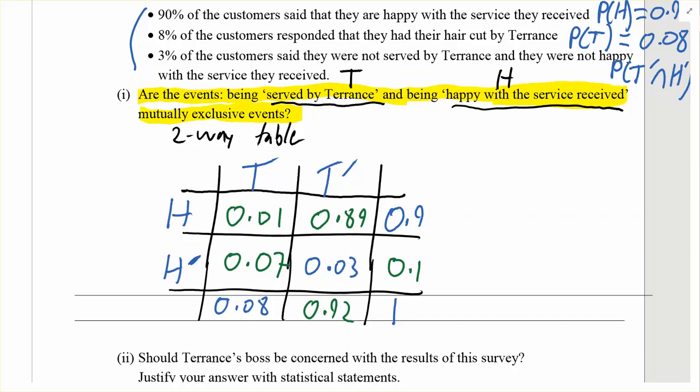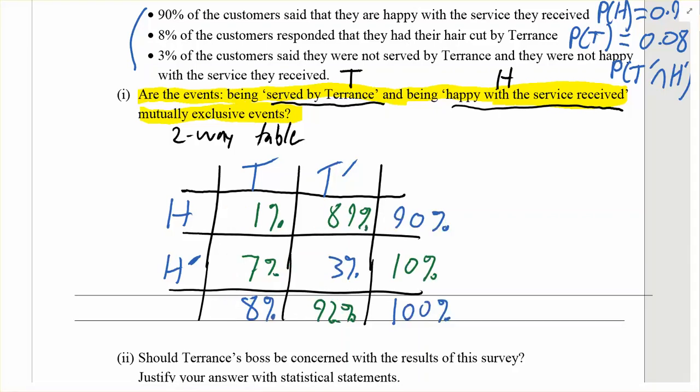Like so. Now, sometimes it's actually easier to write these as percentages rather than decimals, just because we think more easily in percentages. So you could do that as well and make it out of 100, like this. And that's a wee bit easier, isn't it?